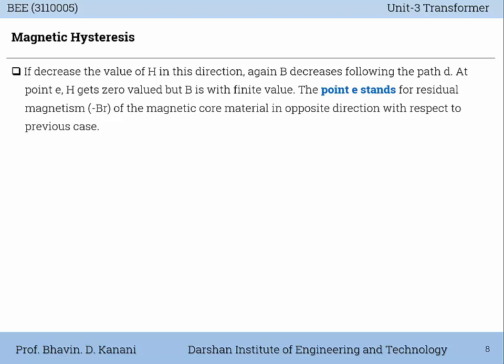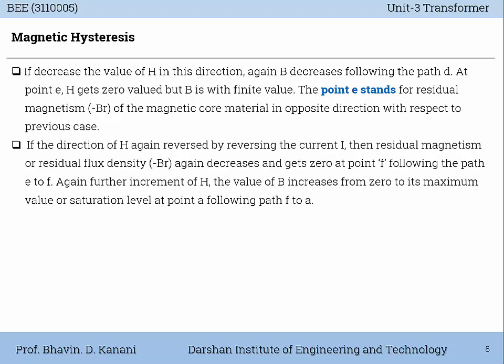The point E stands for residual magnetism of the magnetic core material in the opposite direction with respect to the previous case. If the direction of magnetizing force H is again reversed by reversing the current I, then residual flux density again decreases and gets zero at point F following the path E to F.